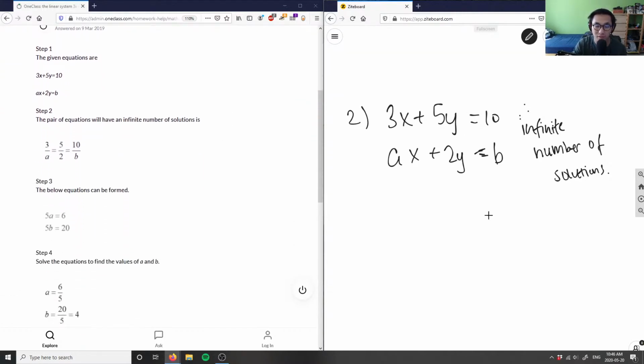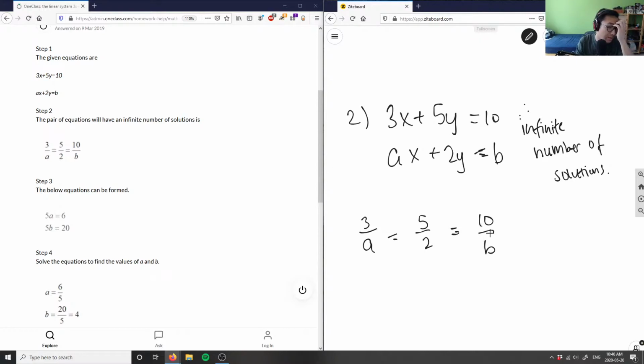So you can get 3 over a equals 5 over 2y, or actually it's simply just 5 over 2, right? Because the y's cancel out, equals 10 over b.